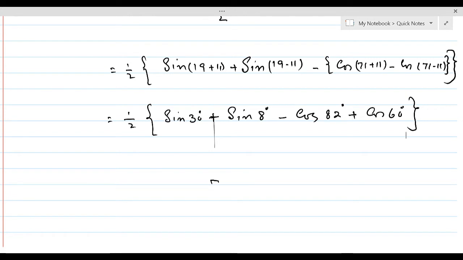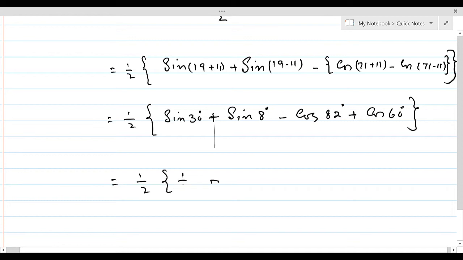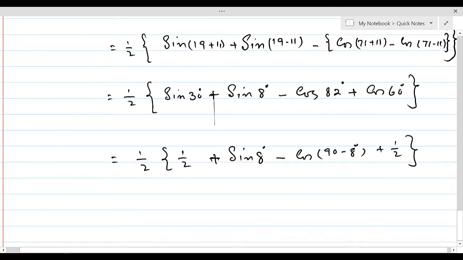And now if we substitute the value of sine 30 is equal to 1 by 2, so this is 1 by 2 plus sine 8 degrees minus cos 82 degrees, which can be written as cos of 90 minus 8 degrees, plus 1 by 2, that is the value of cos 60 degrees.